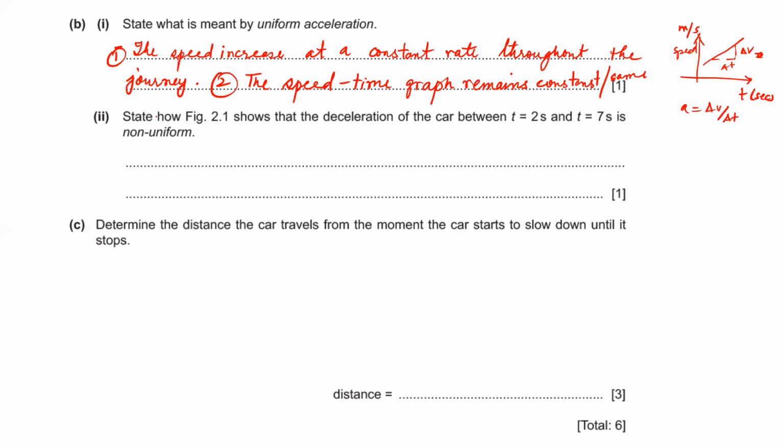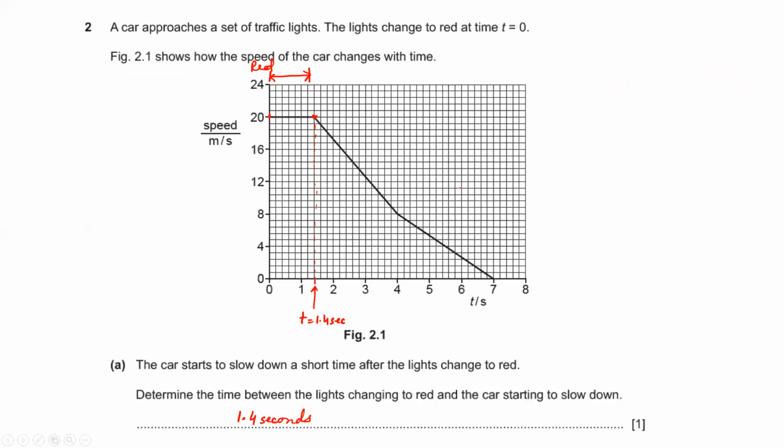Okay, so again, it says: state how figure 2.1 shows that the deceleration of the car between 2 and 7 seconds is non-uniform. So basically, in our previous slide, let's label it, which would be helpful in giving our answers.